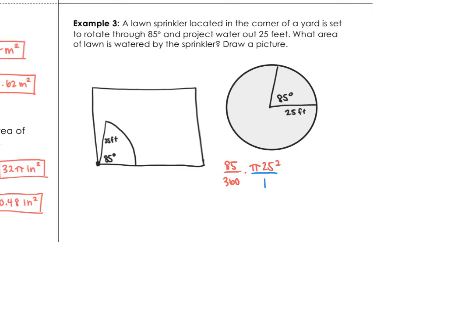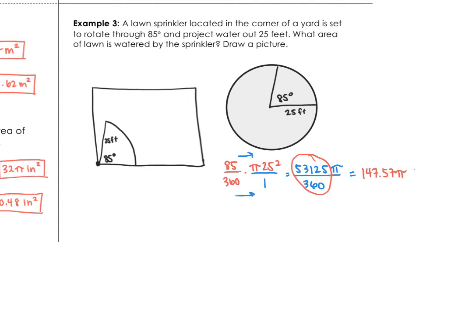All right, we multiply straight across, so 85 times 25 squared is 53125 pi. Then 360 times 1 is just 360. And then we divide. So 53125 divided by 360 is about 147.57 pi.